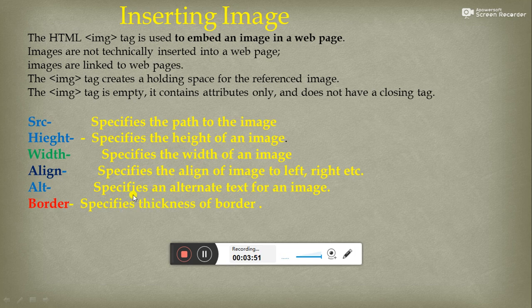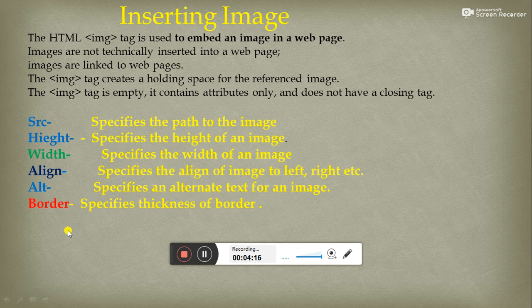The alt attribute specifies an alternate text for an image. If the image is not appearing, then in place of the image you can write some text that will appear as alt text.